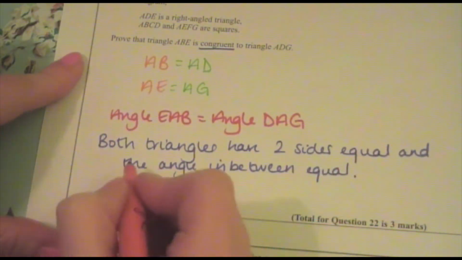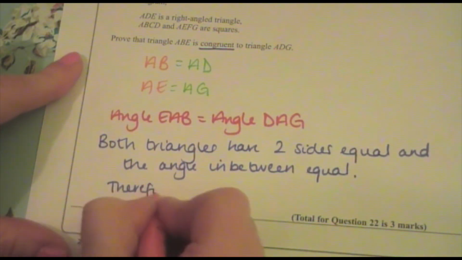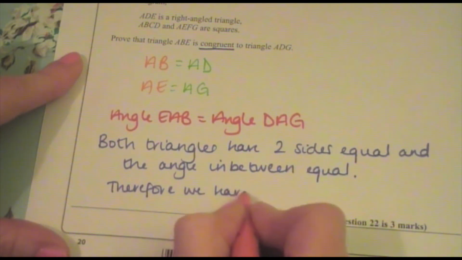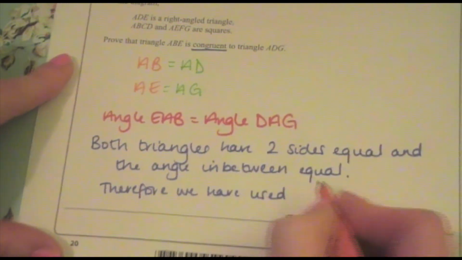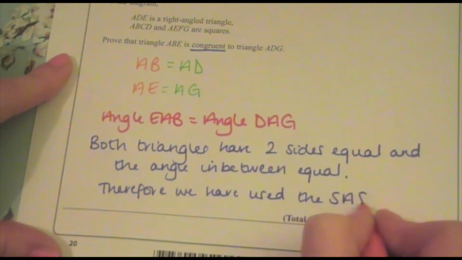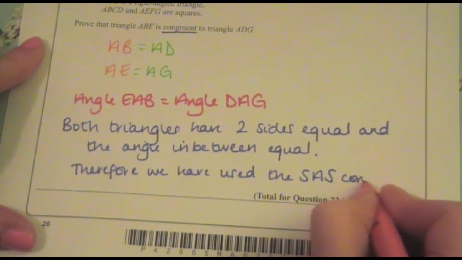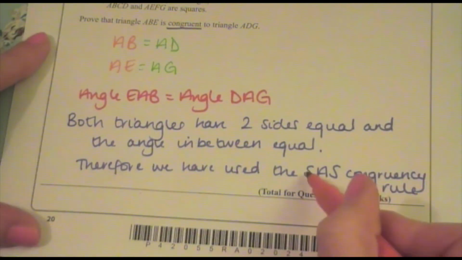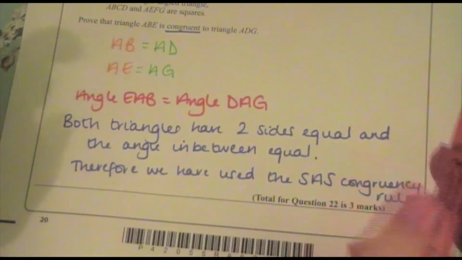Therefore we have used the side angle side congruency rule. That means that if two sides are the same, and the angle in between those two sides is the same, then the triangles must be congruent.